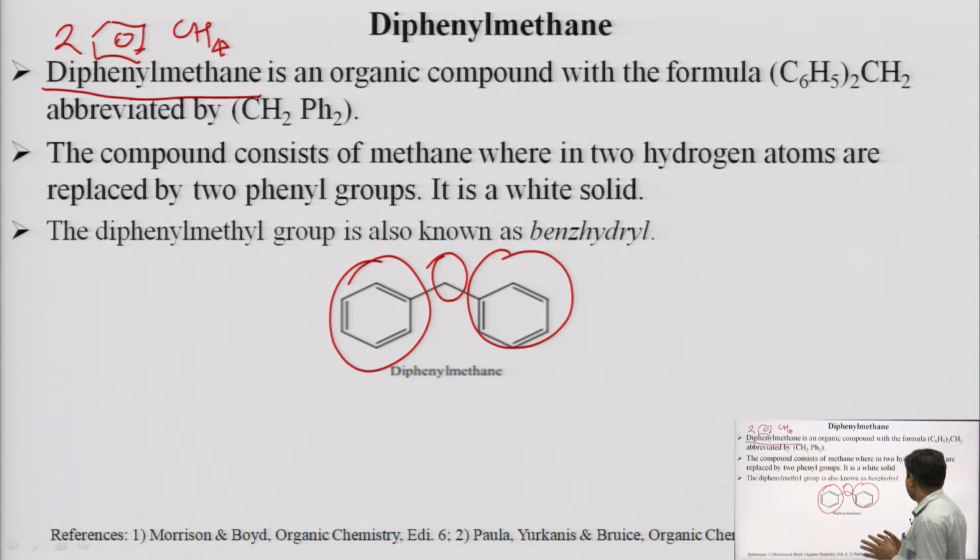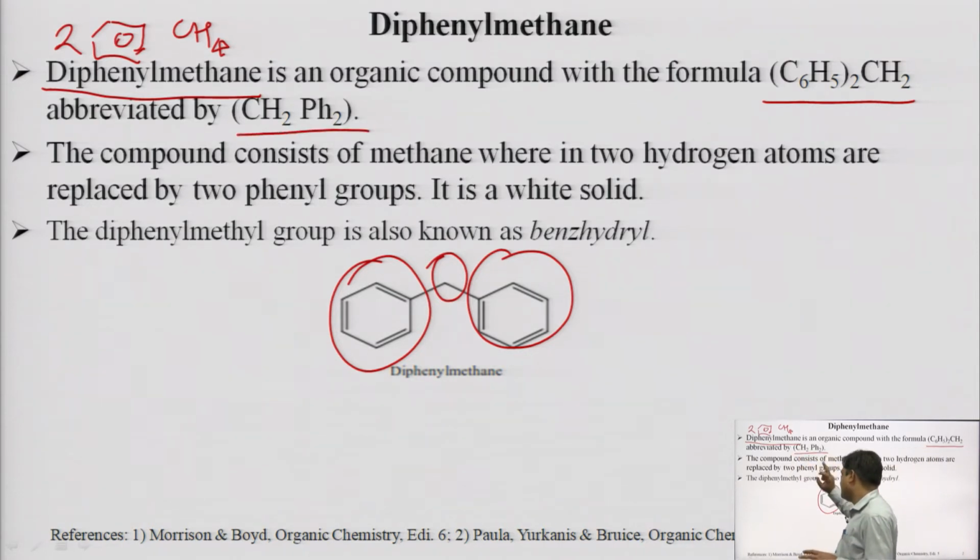It is an organic compound with the formula (C6H5)2CH2. It can also be abbreviated as Ph2CH2, where Ph means phenyl ring. The compound consists of methane wherein two hydrogen atoms are replaced by two phenyl groups. It is clearly seen in the structure.